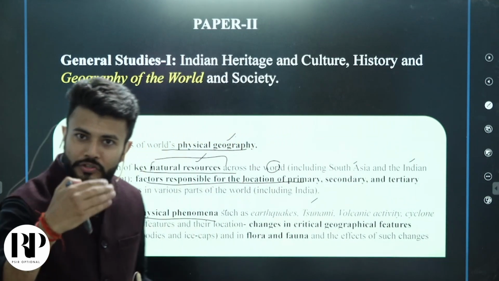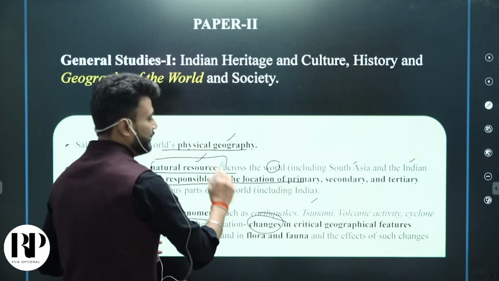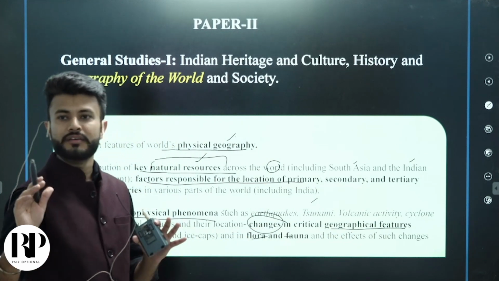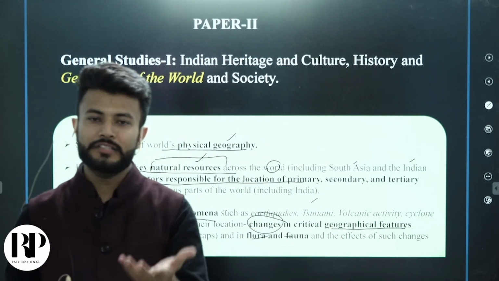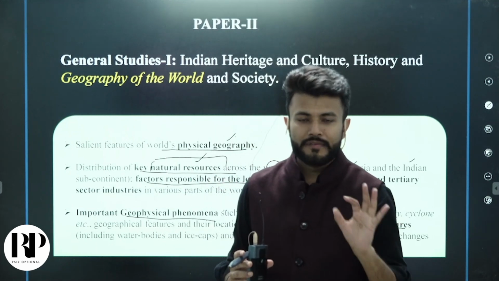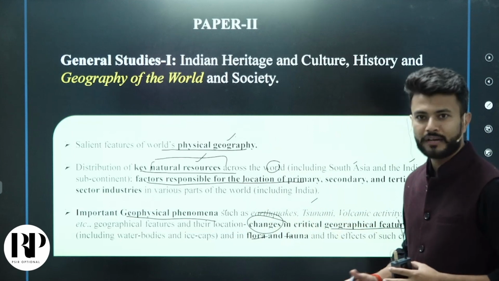But in the next component, UPSC says changes in the critical geographical features, flora and fauna, and the effect of these changes. That is why every year you will see at least one question dealing with changes in critical geographical features.